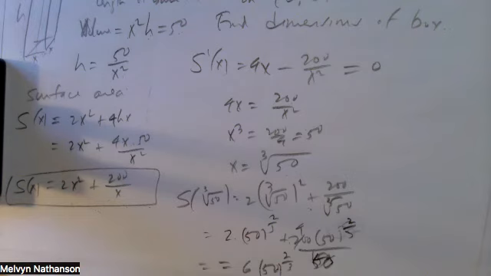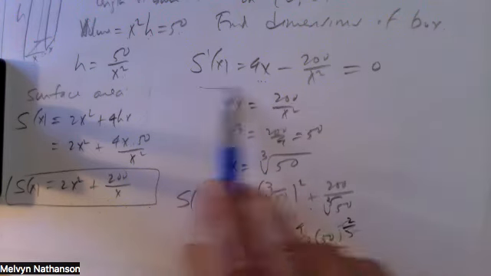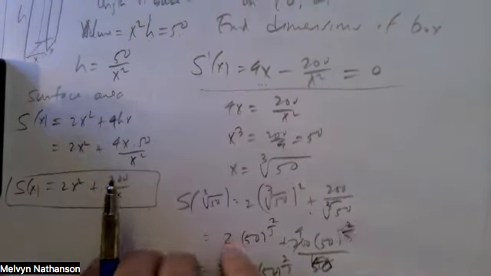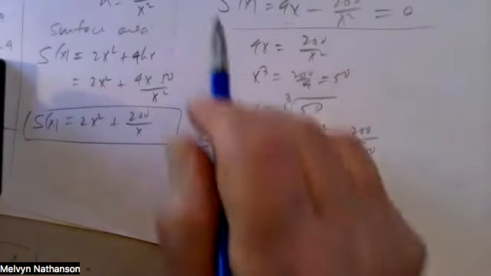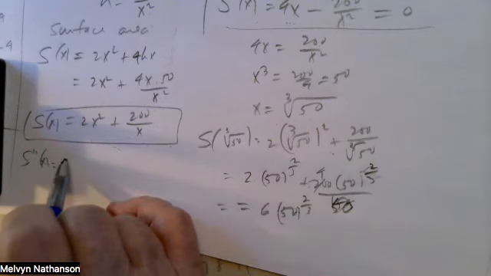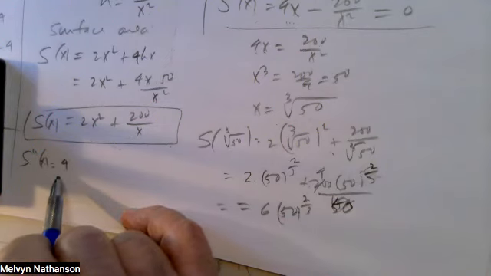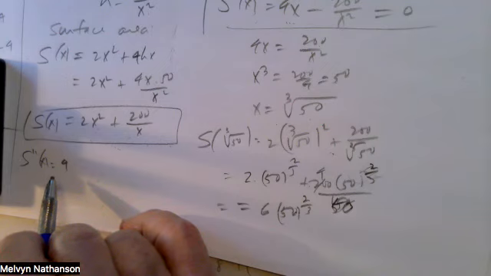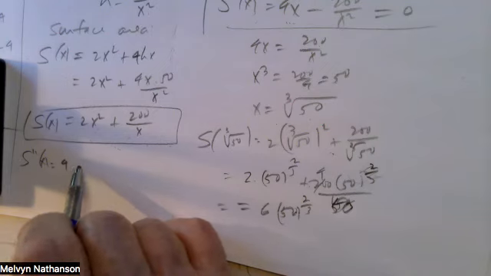Now, there's no endpoints to check. But we could take the second derivative. So for this function, if this is the first derivative, the second derivative is 4, and the derivative of x to the minus 2 is minus 2x to the minus 3.